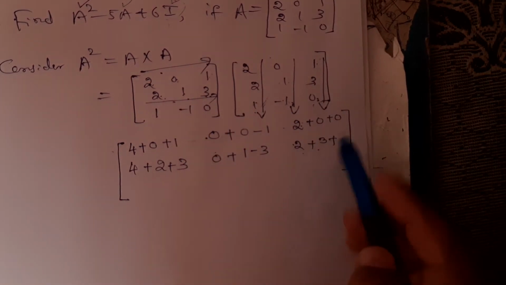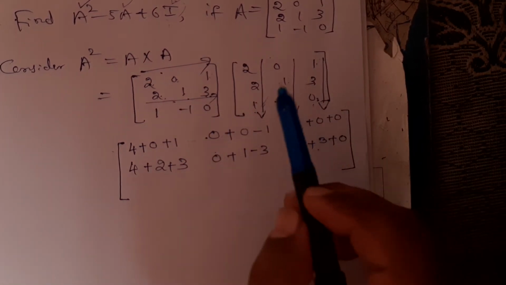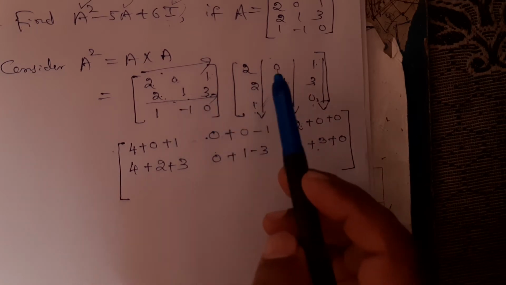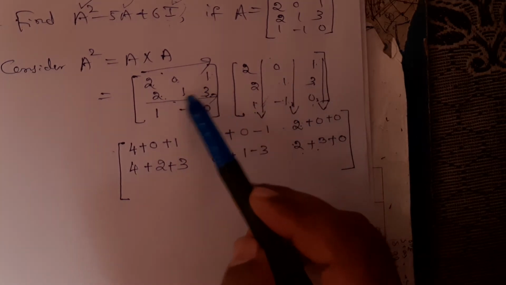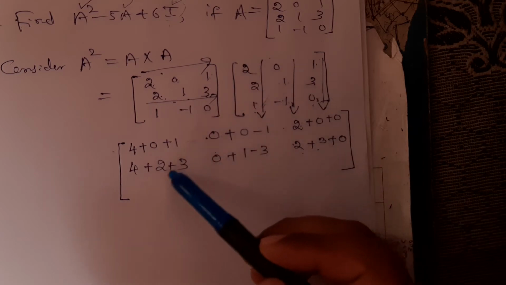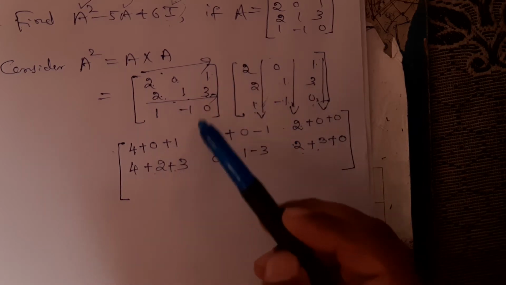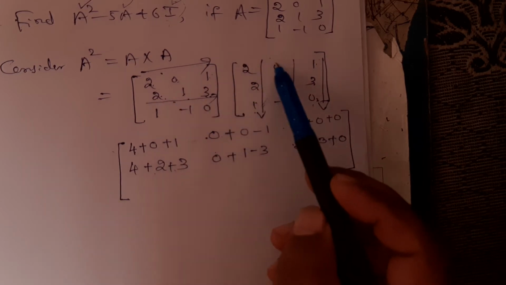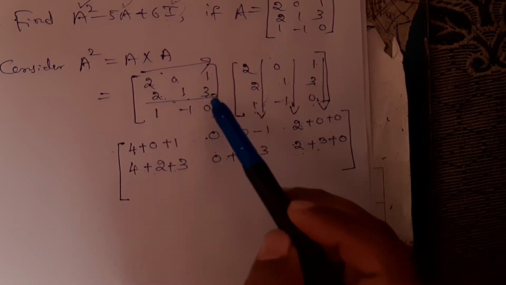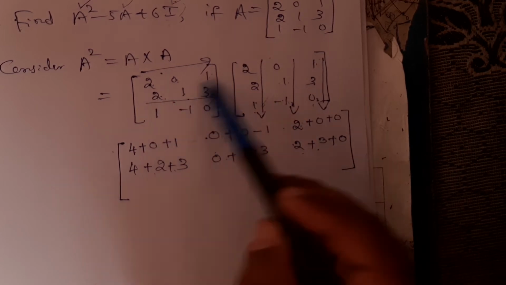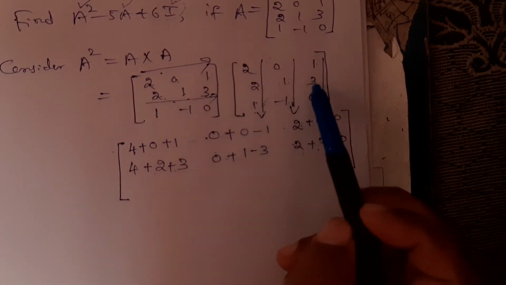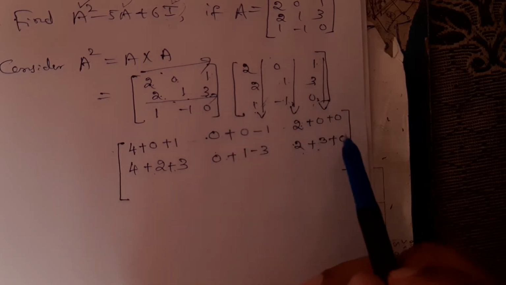Then 2 into 0, 0, plus 1 into 1, 1, minus 1 into 3, that will be minus 3. Then 2 into 1, that is 2, plus 1 into 3, that will be 3, plus 3 into 0, that is 0.